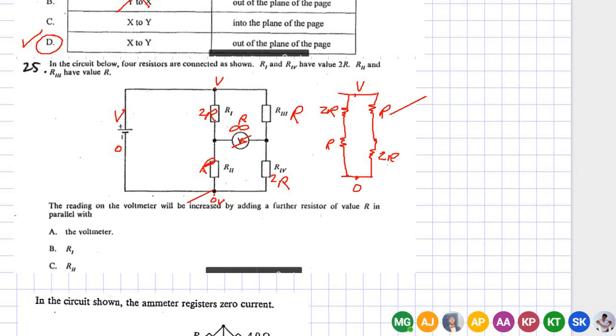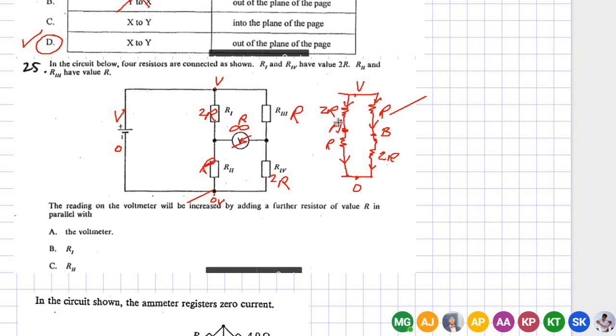Okay, now let's call these midpoints between the resistors A and B. Now current will obviously flow from higher potential to lower potential in both the branches. For the same current, the potential drop is proportional to the resistor value.